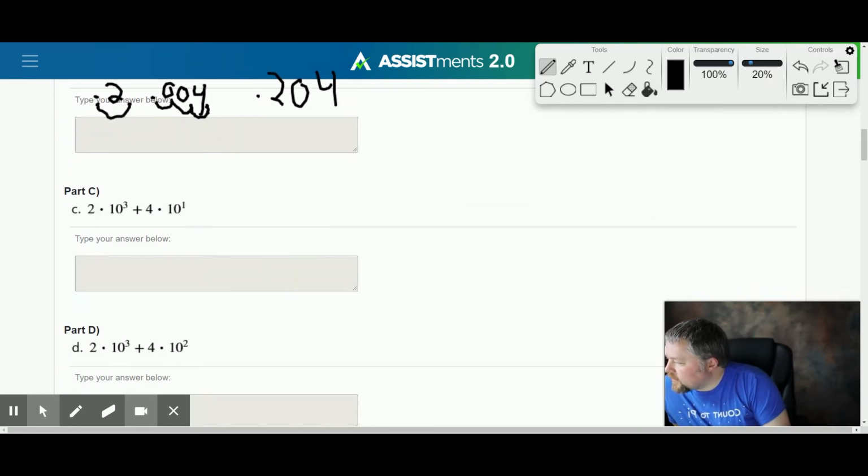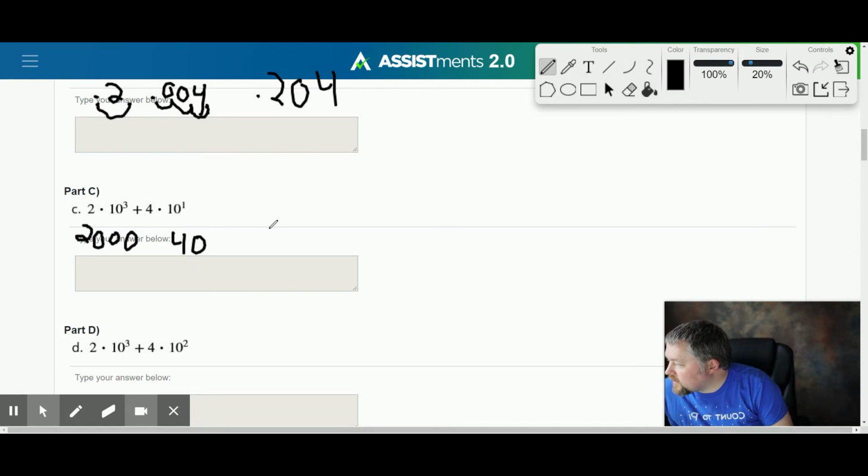Our next one here is 2 times 10 to the 3. So 10 to the 3, 10 times 10 times 10, is 1,000, a 1 with 3 zeros after it. 2 times 1,000, and 4 times 10 to the power of 1, 10 to the power of 1 is just 10. 4 times 10 is 40.